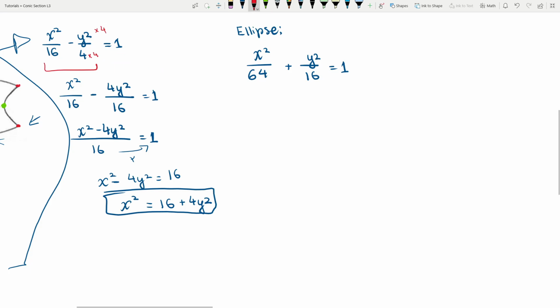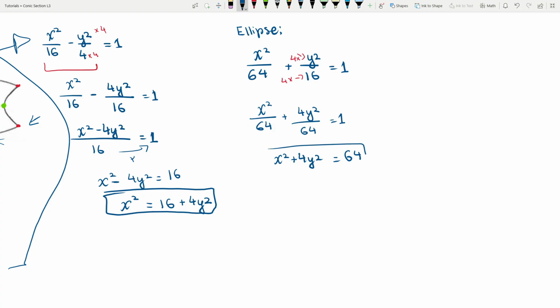We're going to multiply this by 4, multiply this by 4. Therefore this should give us x squared plus 4y squared over 64, so x squared plus 4y squared equals 64. So now that's our ellipse equation without the fraction. And now it's time to substitute.